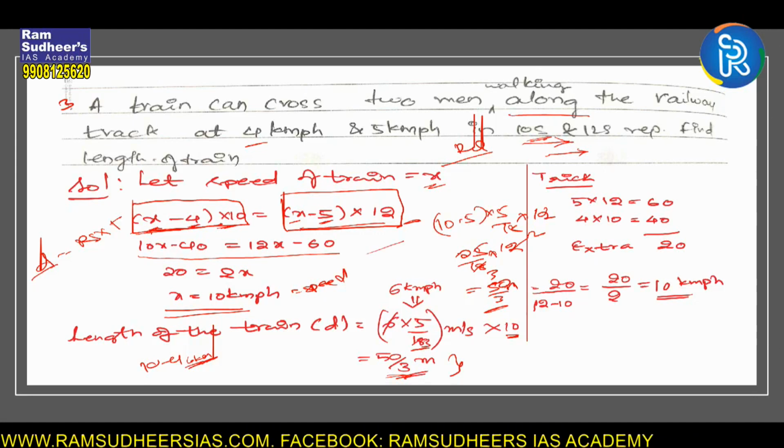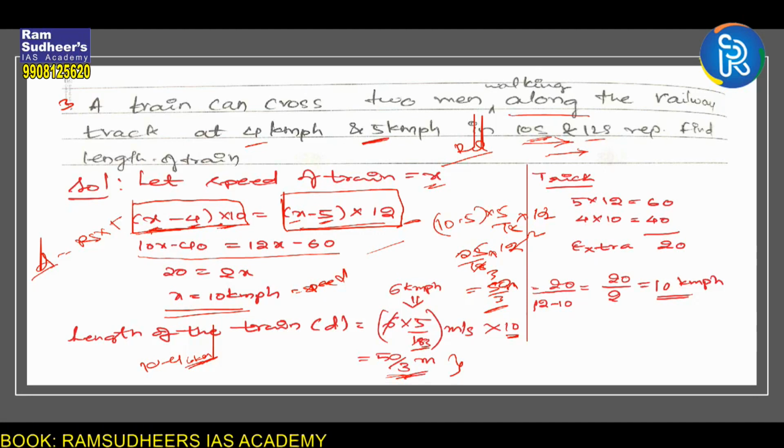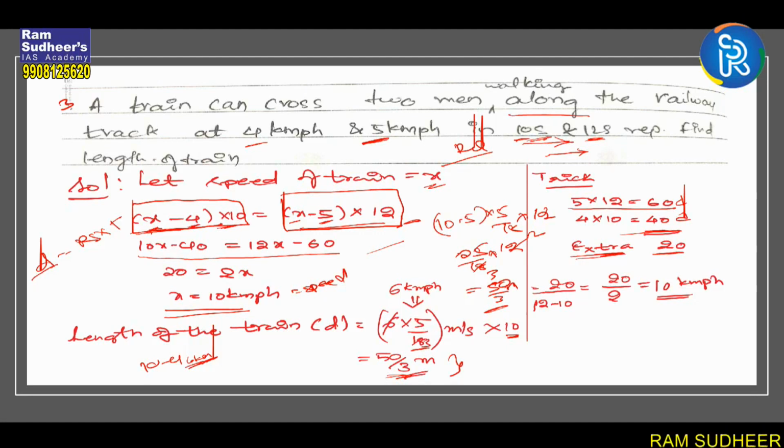And there is another trick to solve this problem. We have already seen such a trick in the previous video too. We'll just multiply this 5 with this 12, which yields us 60, and this 4 with this 10, which yields us 40. The extra distance is 20, and this 20 is the excess, and this should be divided by the difference of times.